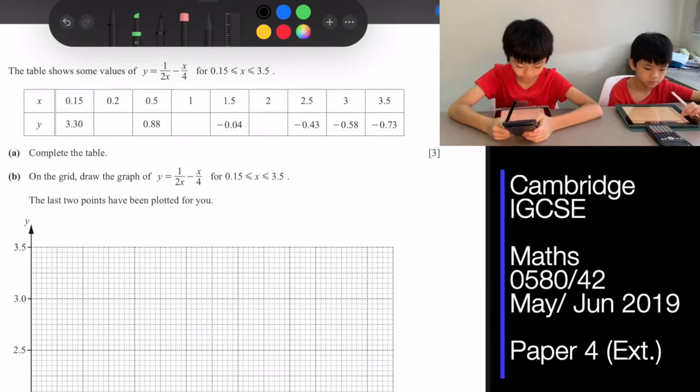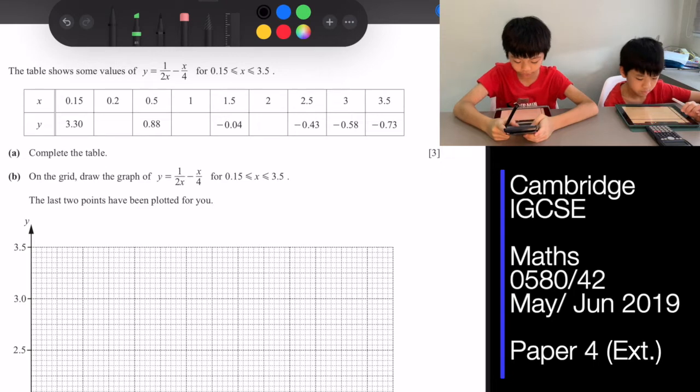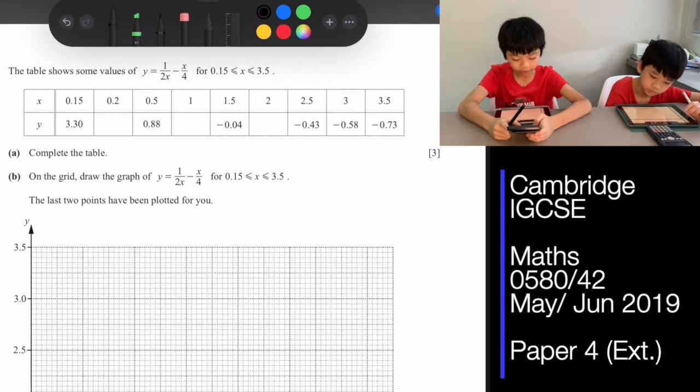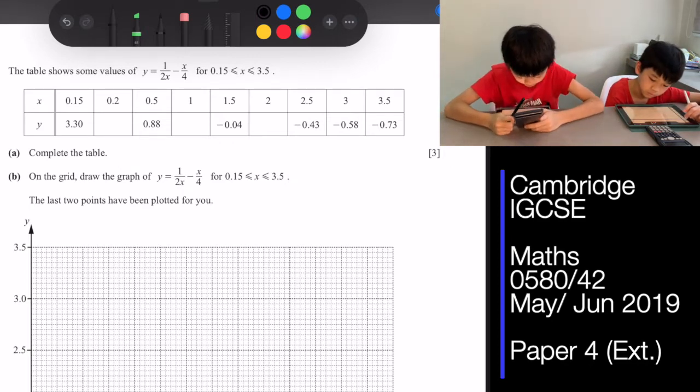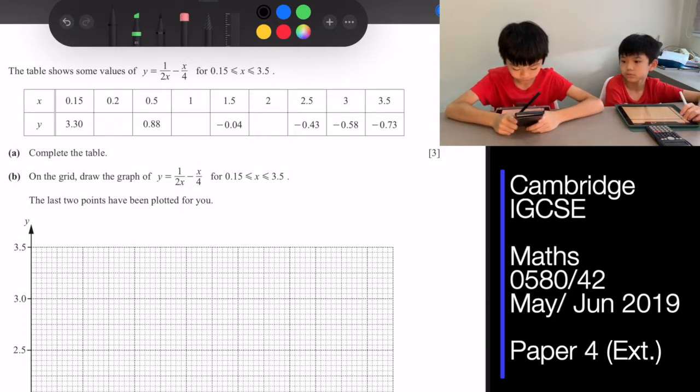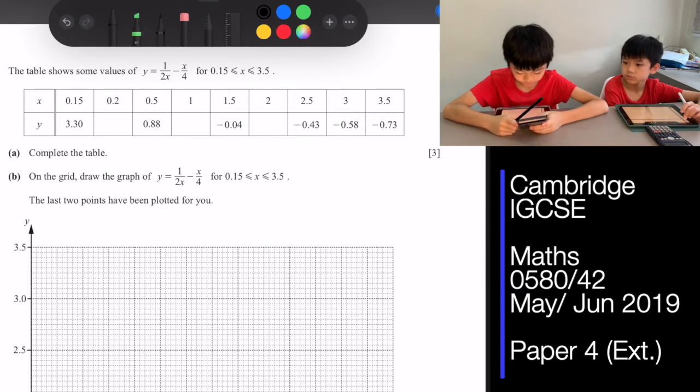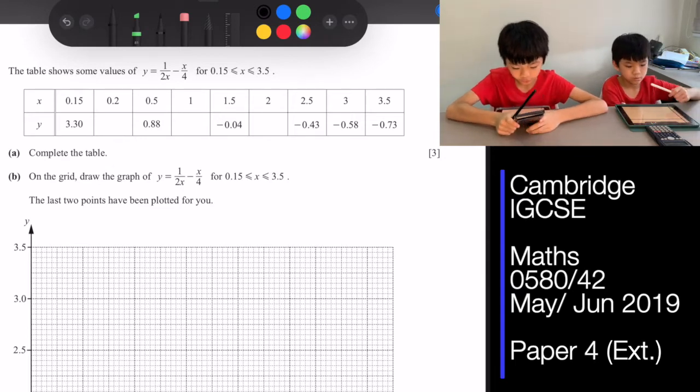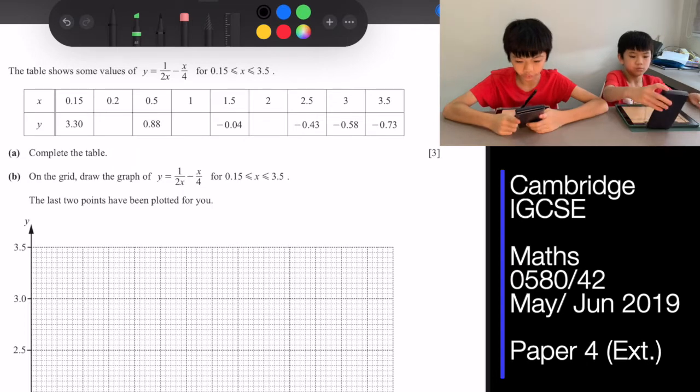For question 5, the table shows some values of y equals 1 over 2x minus x over 4. Complete the table. So, when x is 0.2, y is 1 over 2 times 0.2, minus 0.2 over 4.